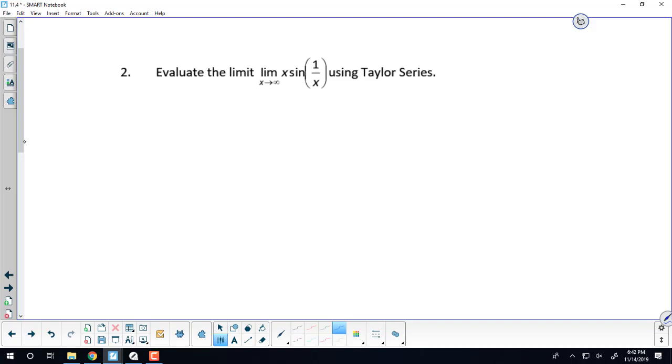So I don't know that it's very intuitive at all, but we can make a substitution. You can substitute something in for what's already there.